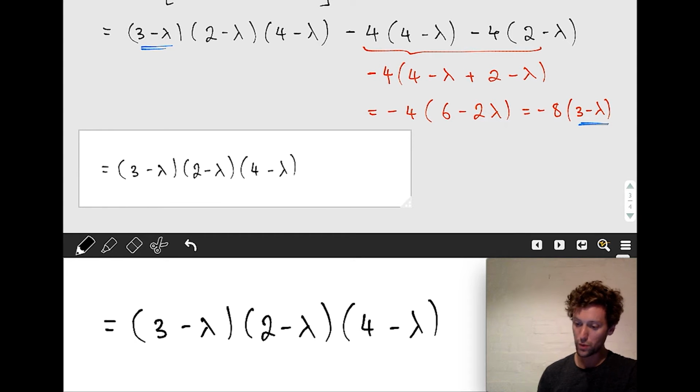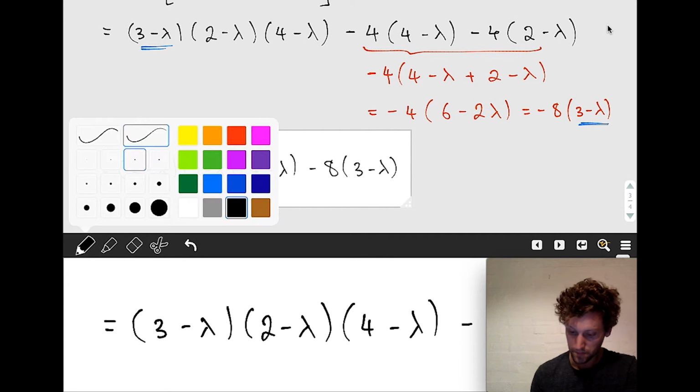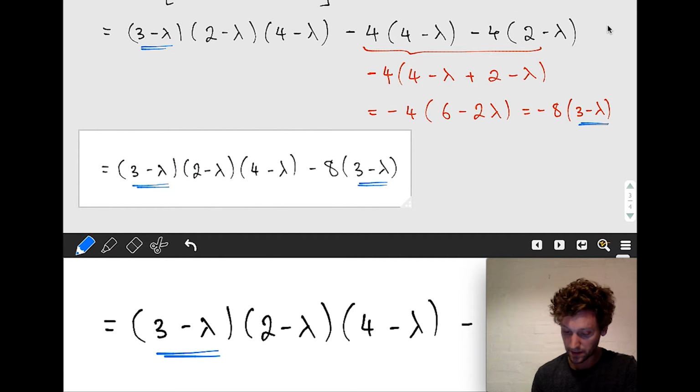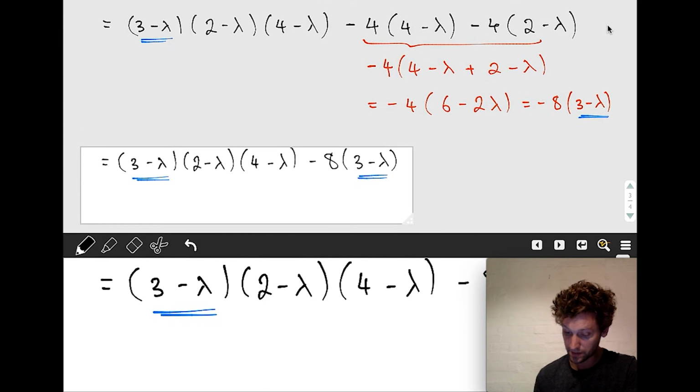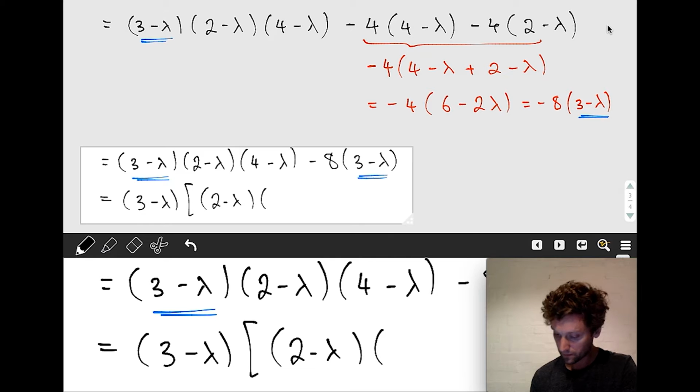And we've just shown that the rest of those two terms are just minus 8 times 3 minus lambda. Once again, I've pointed out that there's a common factor of 3 minus lambda in these two terms, which allows me to write this as 3 minus lambda times the bracket 2 minus lambda times 4 minus lambda, minus 8.